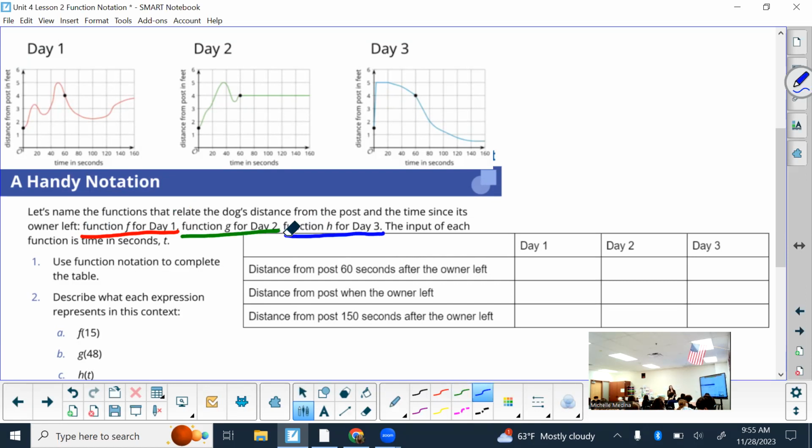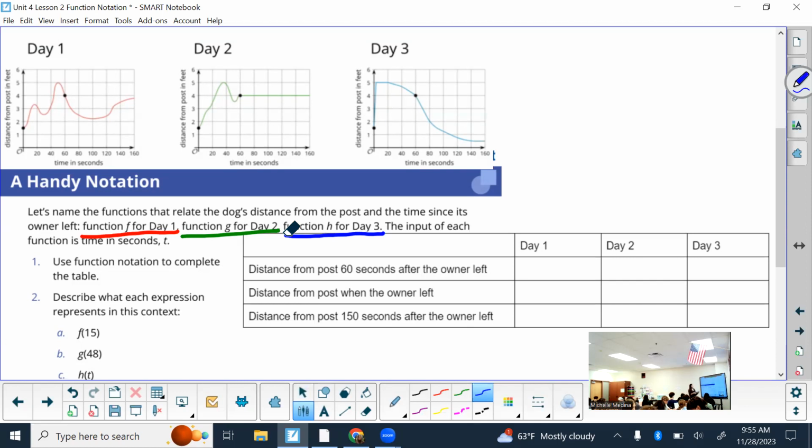Those will be the names of the functions. We'll do day 1 together, but we're going to write them in function notation. So you would have to figure out what your input is. That's what's on your x-axis. If you have a graph, that makes it easy. What's going in the parentheses should be your time for this one, and it's usually time for your input anyway.